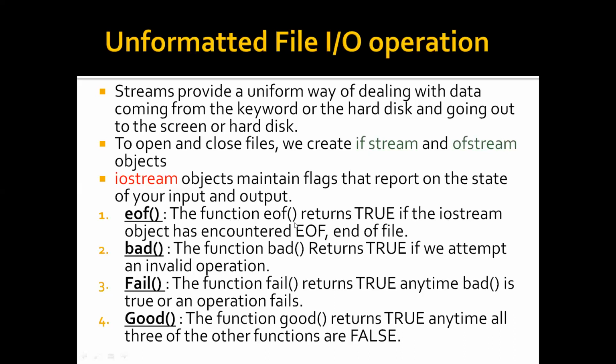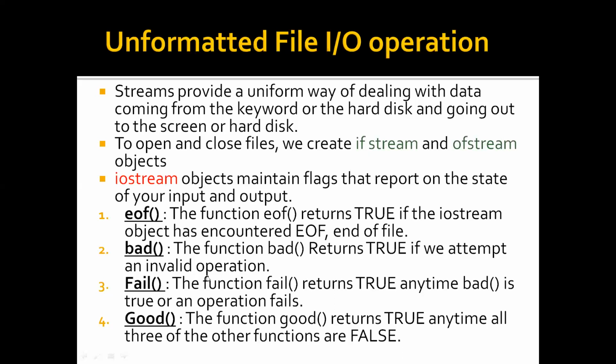When you get to the end of the file, you will get the EOF flag. The next one is the bad flag. The function bad returns true if we attempt an invalid operation. Suppose we give an invalid operation, you will be able to see the bad flag.